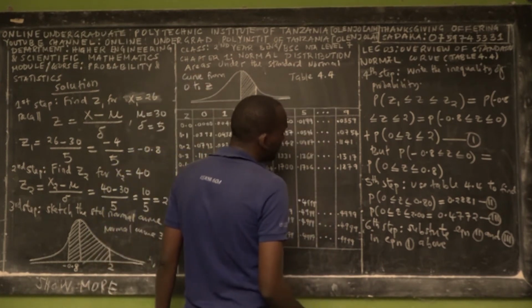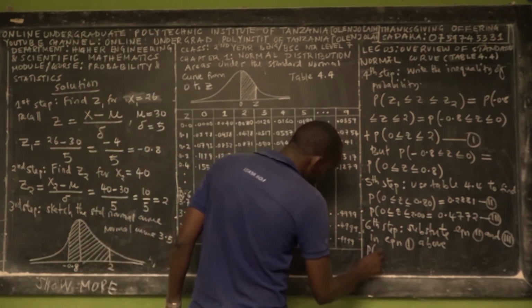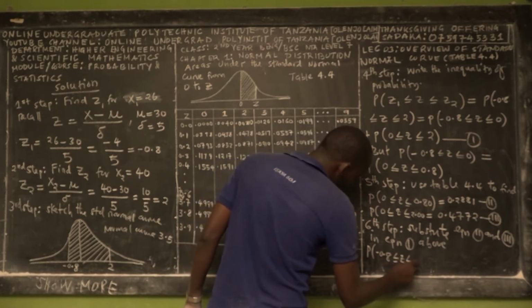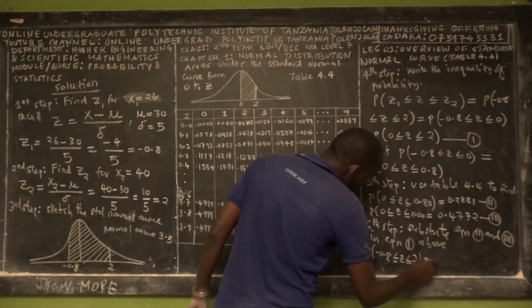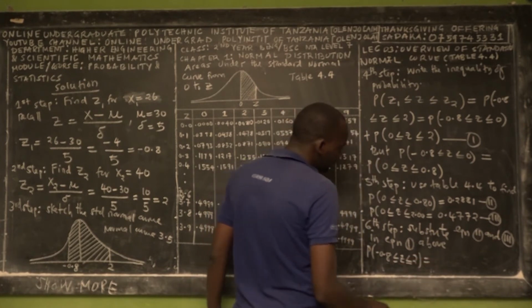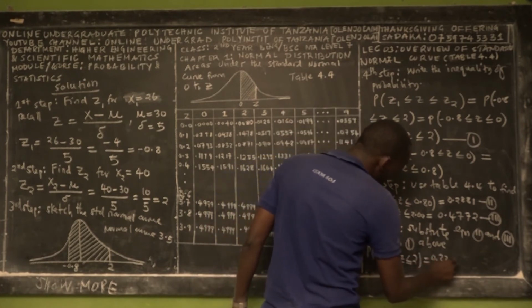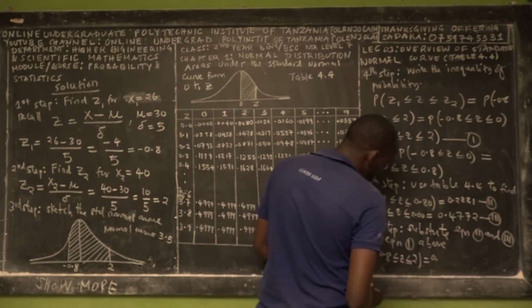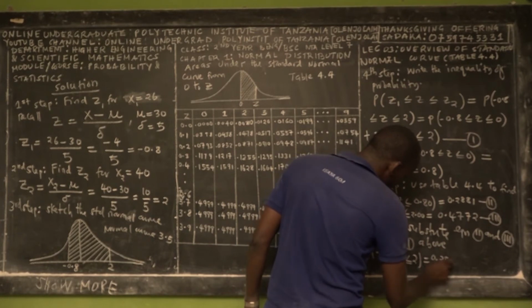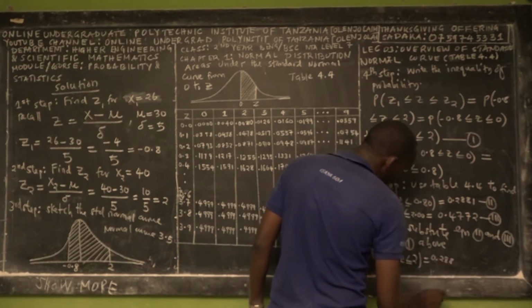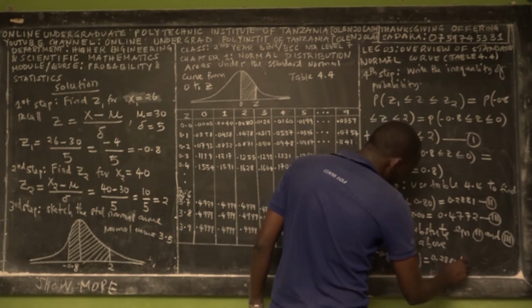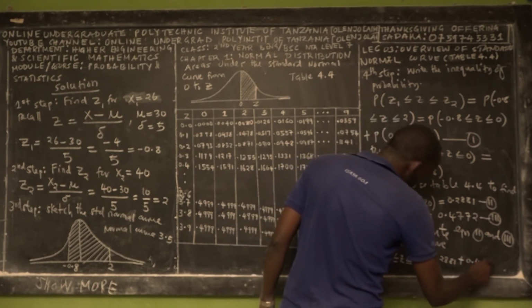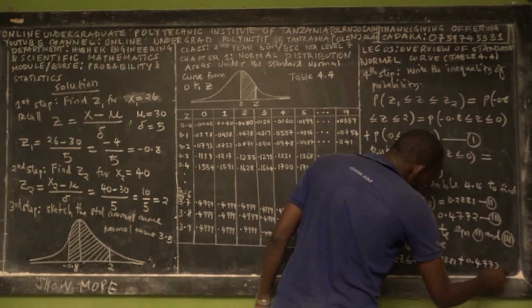Equation 1 states that the probability from negative 0.8 less than or equal to Z less than or equal to 2.00 is equal to 0.2881 plus 0.4772.